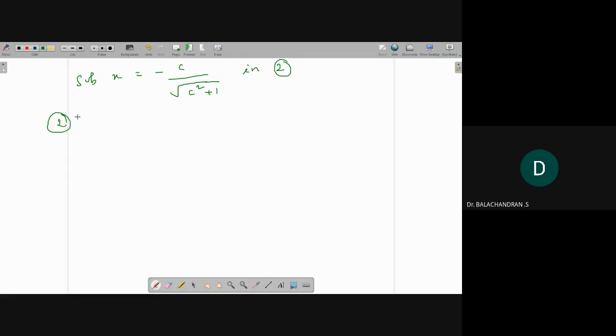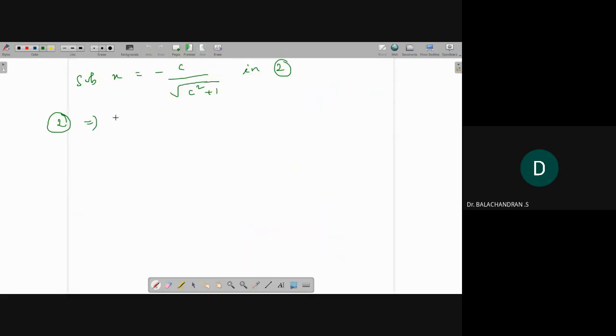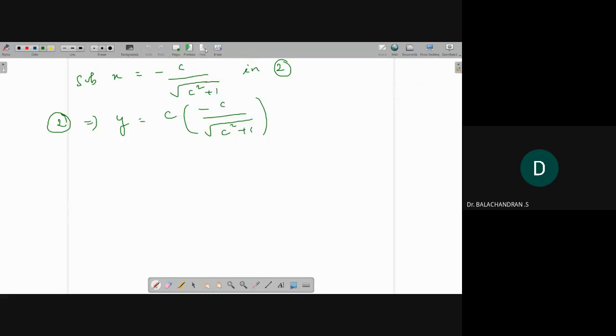Equation 2 is y is equal to cx plus root of c square plus 1. So y is equal to c times minus c divided by root of c square plus 1, plus root of c square plus 1.